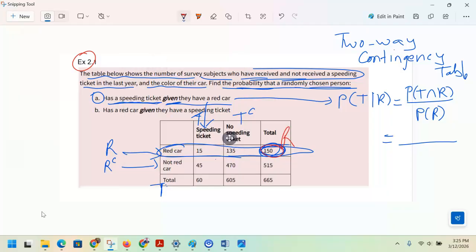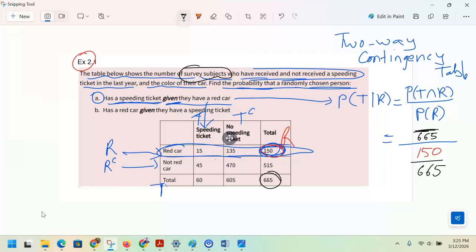That means there are 150 red cars, but out of how many? 150 red out of 665. 665 is the total number of persons the survey was done on. And the numerator is again out of 665. We want to know how many of them were both.